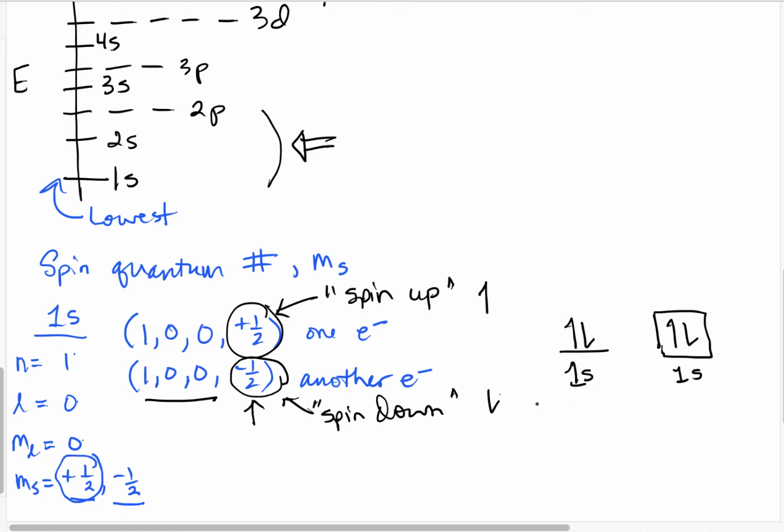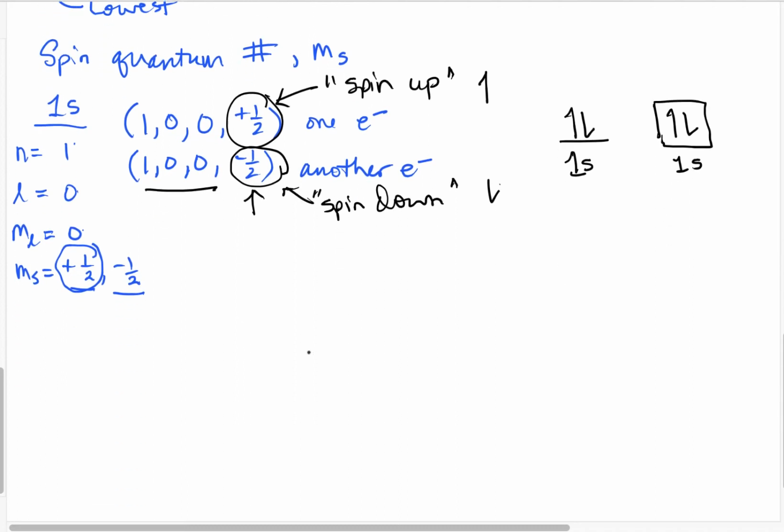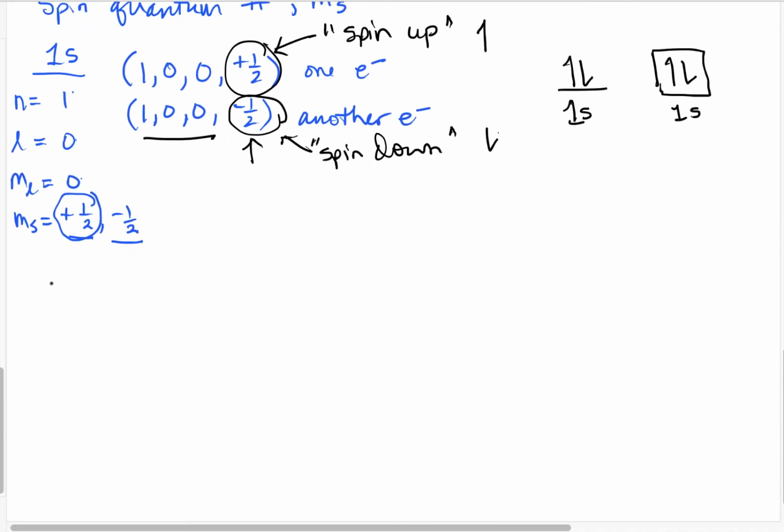So now we can reconnect with the elements. When we look at elements, we've already said we know that hydrogen has one electron. And if it's going to be in the ground state, the lowest energy state possible, it is the 1s orbital that is the lowest energy.